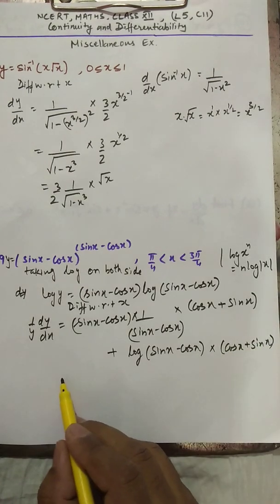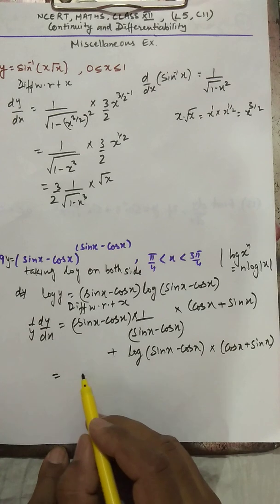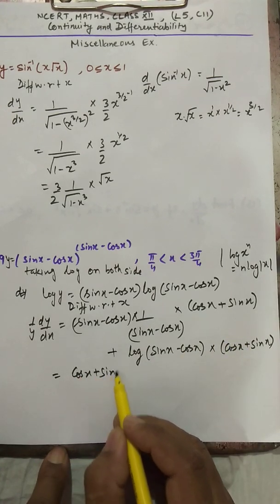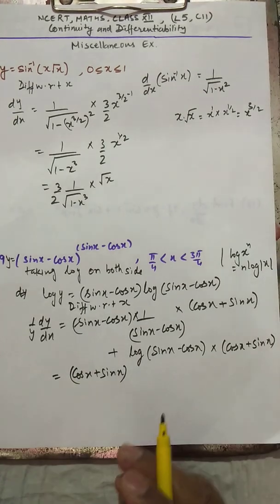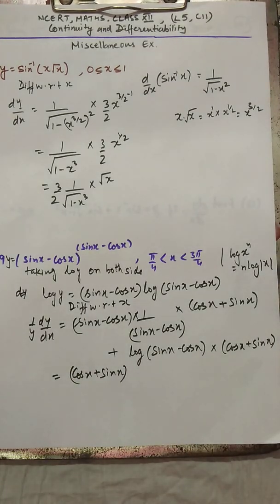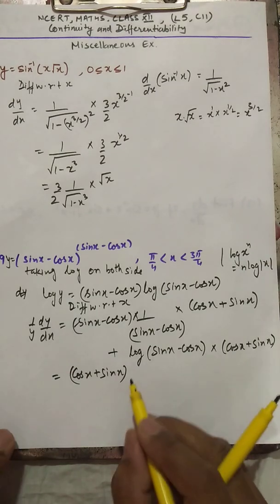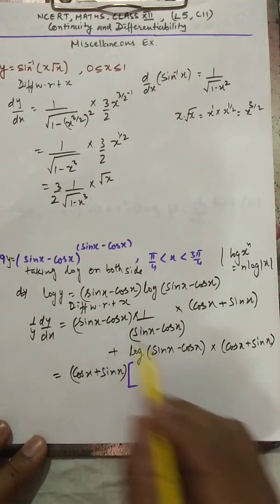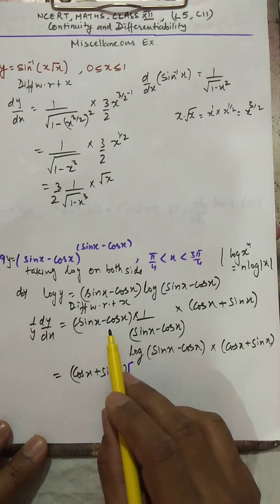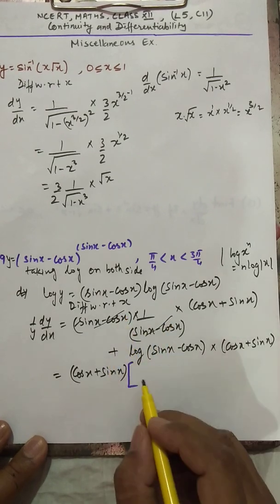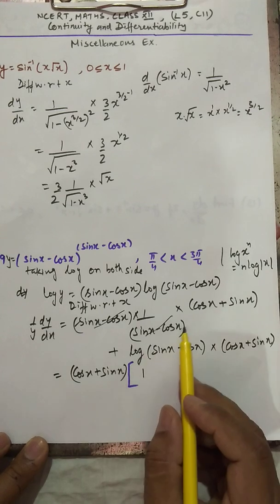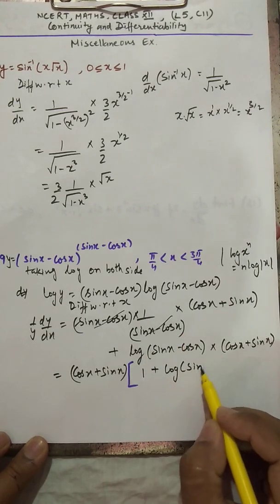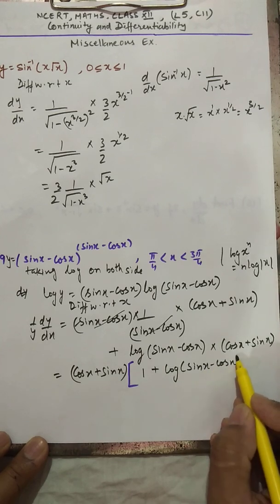So you can see cos x plus sin x is coming common, and you can write the remaining terms in the bracket. In the remaining it will be sin x minus cos x, and this sin x minus cos x is cancelled. So from this side it will be 1, and from here it is log of sin x minus cos x.